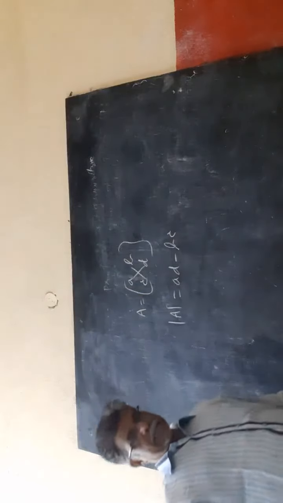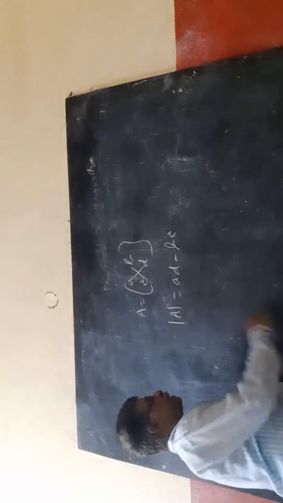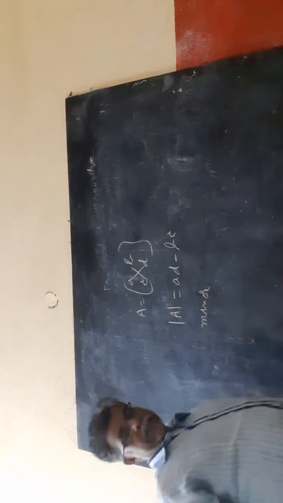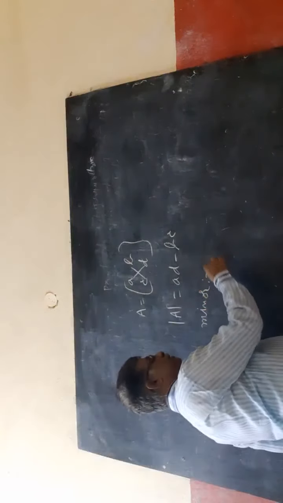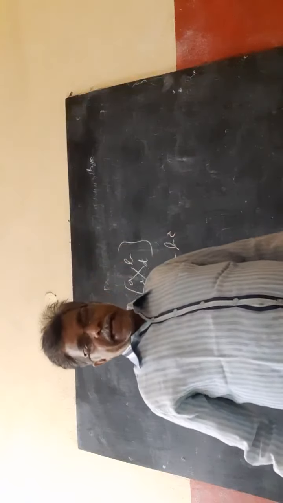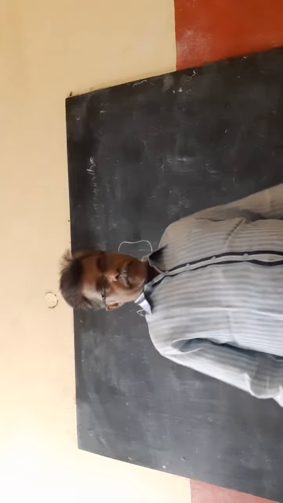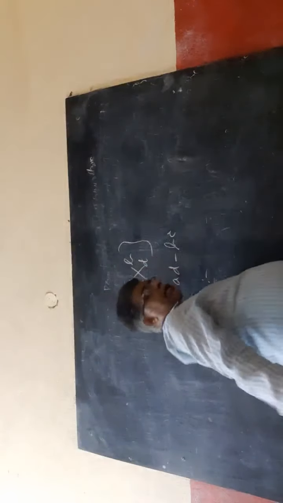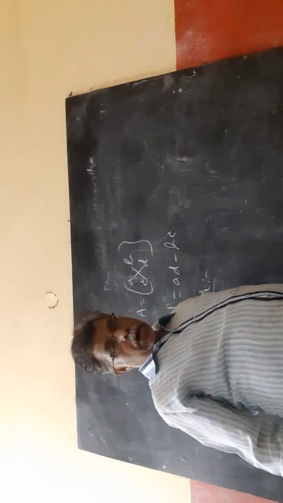What is a cofactor? What is a minor? Minor of any element is the determinant formed by excluding that row and that column.